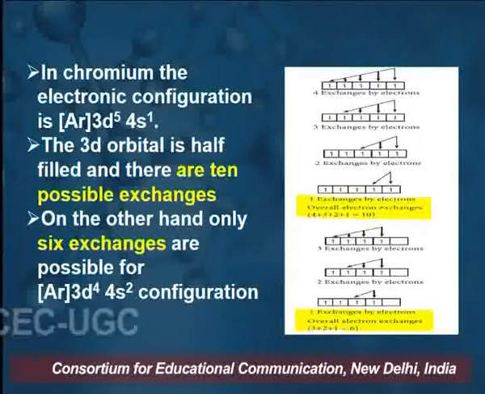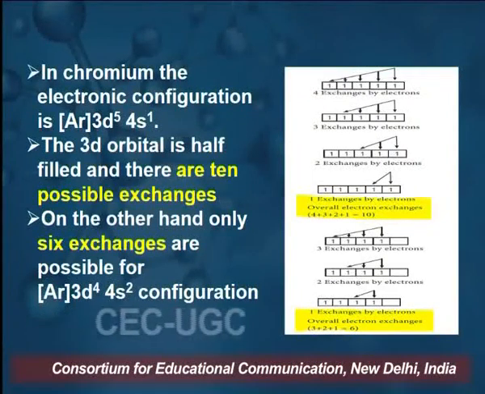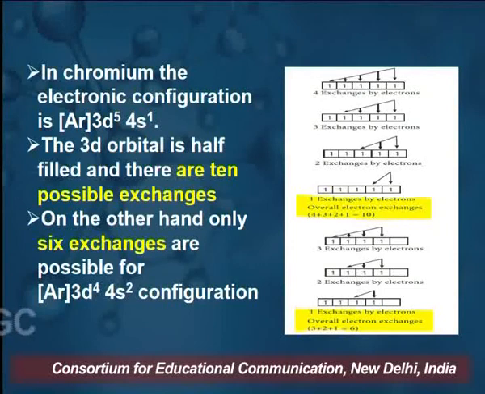maximum. Here you can see when we come to atomic number 24 for chromium, it is 3d5 4s1. When it is half filled, there are 10 possible exchanges. On the other hand, if we write it as 3d4 4s2, there are only 6 exchanges, so the 3d5 4s1 form is more stable.